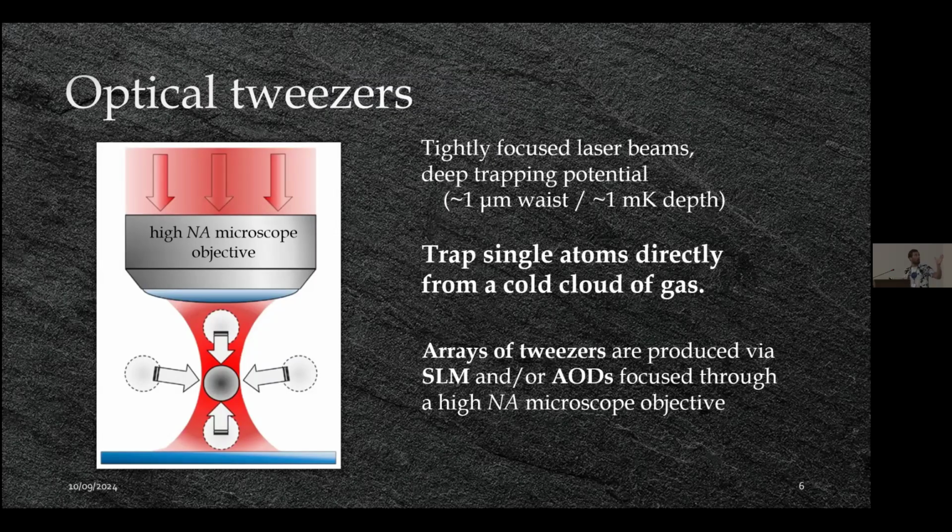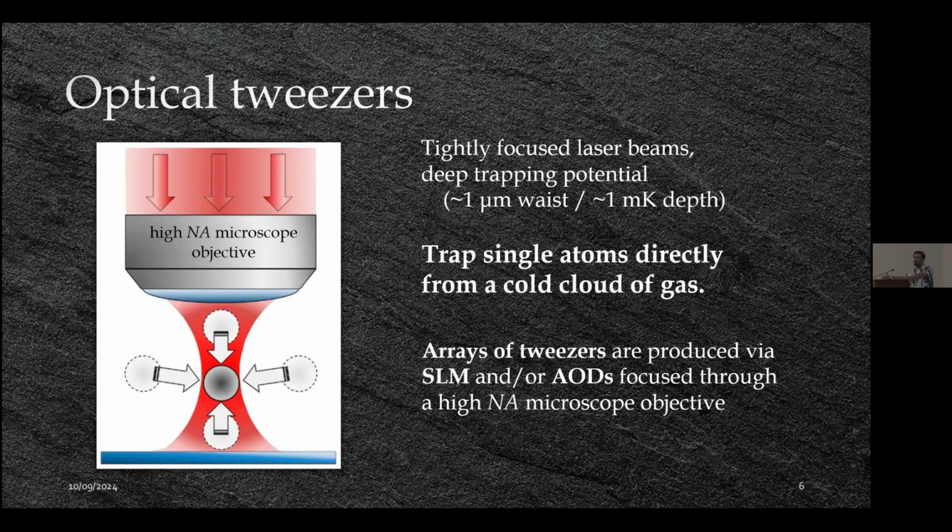So we're talking about almost 1 micrometer waist for 1 millikelvin of depth. That means that with these techniques, we can trap single atoms directly from a normal cloud of cold atoms.